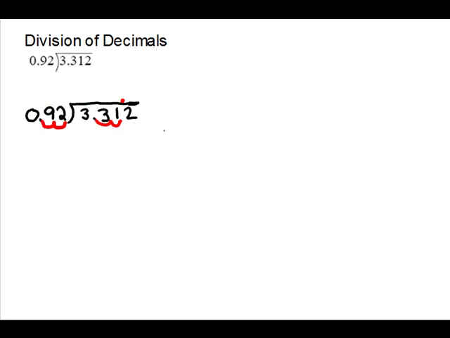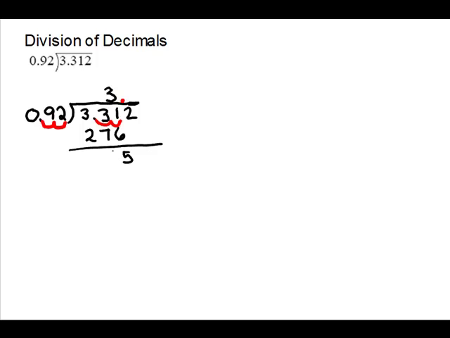So now we divide, and we're going to divide by 92. It won't go into 33, so we go into 331. And I'm going to guess 3 times. Multiply back. 3 times 92 is 276.